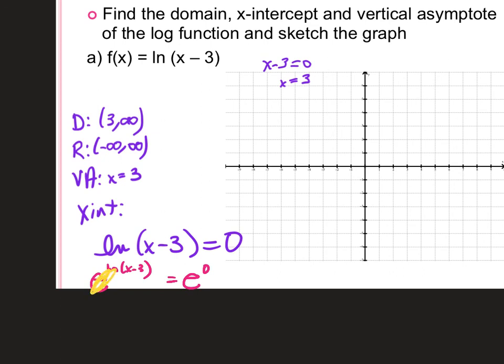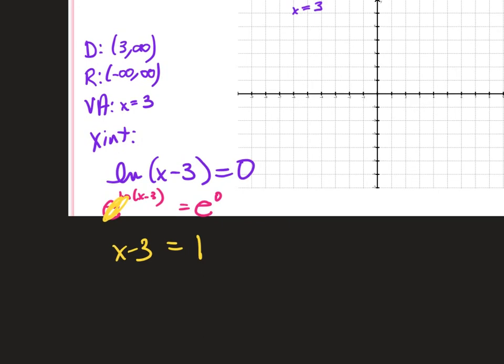It cancels out, so I'm left with x minus 3. And what is e to the 0 power? 1. So now what do I do? I add 3 to both sides, and I get my intercept is at x equals 4. So it's going to be at 4, 0.